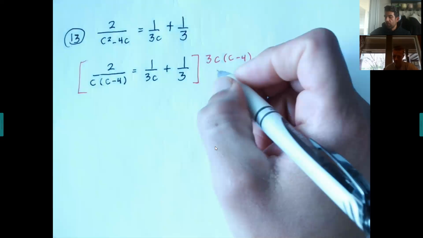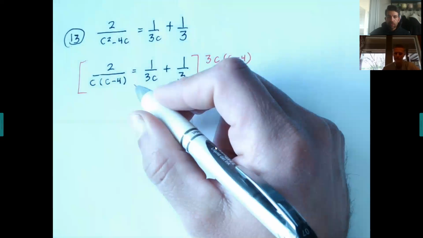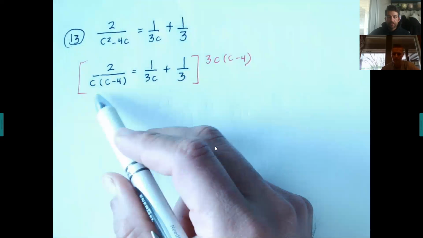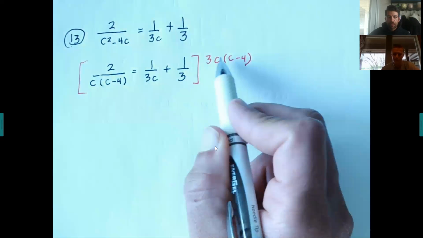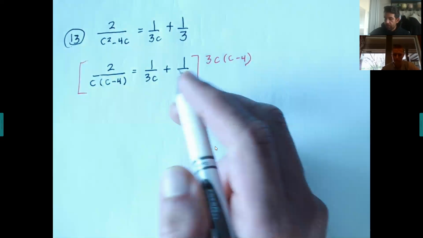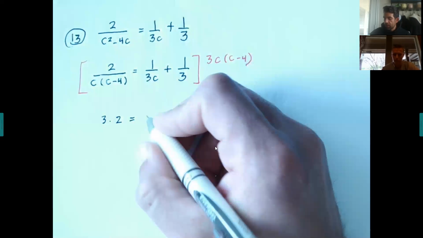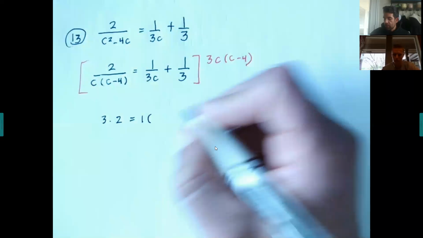So now I'm going to multiply this right here times this. If I multiply this times this, notice that this would cancel and I would end up just with the 3. So I would have a 3 times 2 here. This one right here, I would have a 1 times c minus 4, because that's all I would have left over.